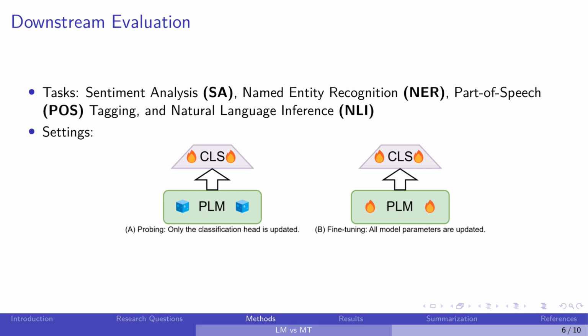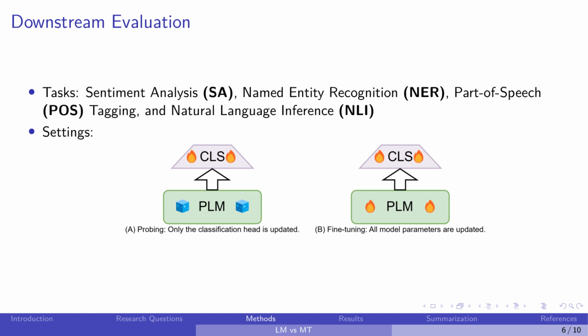The evaluation encompasses both sequence level and token level classification tasks using datasets tailored for sentiment analysis, named entity recognition, part-of-speech tagging, and natural language inference. The evaluation of the models involves two distinct experimental approaches to test the performance: probing and fine-tuning. In the probing experiments, only the parameters of the classification heads are adjusted.